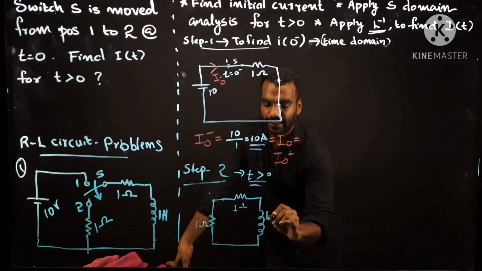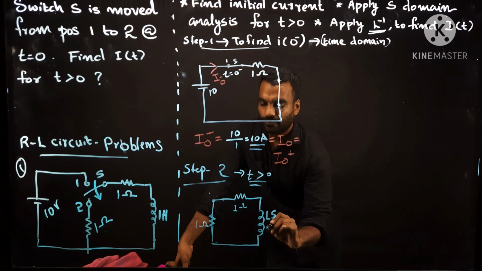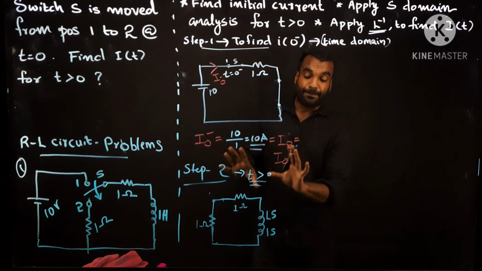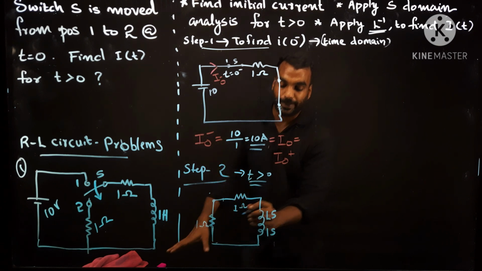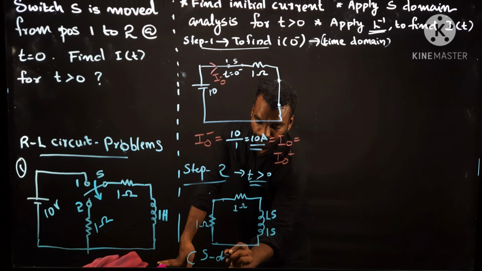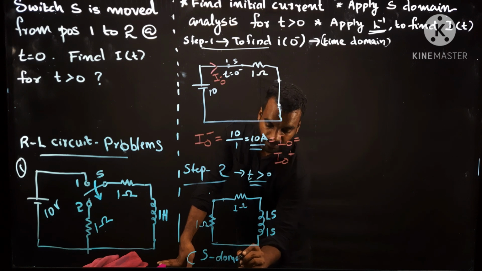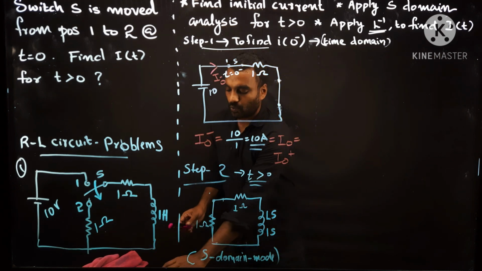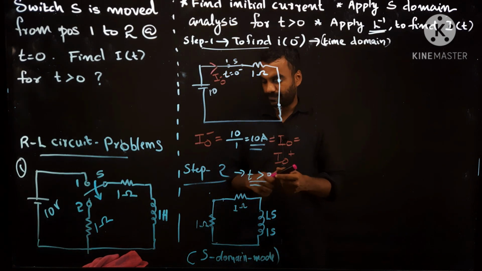Inductor is Ls. Ls means 1 Henry into S. This is the representation in frequency domain. This is the S domain model.